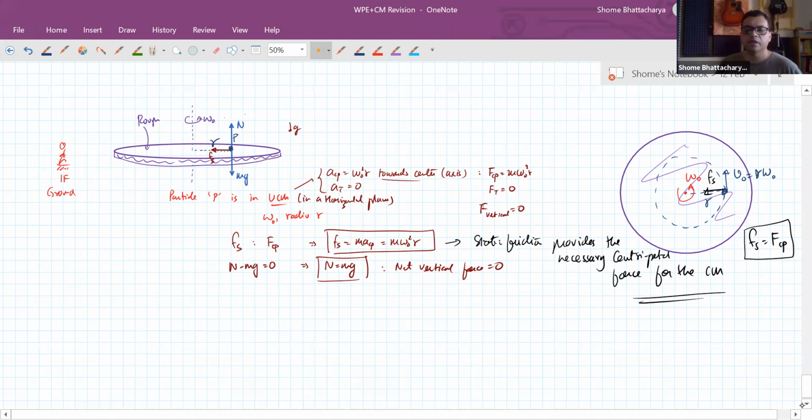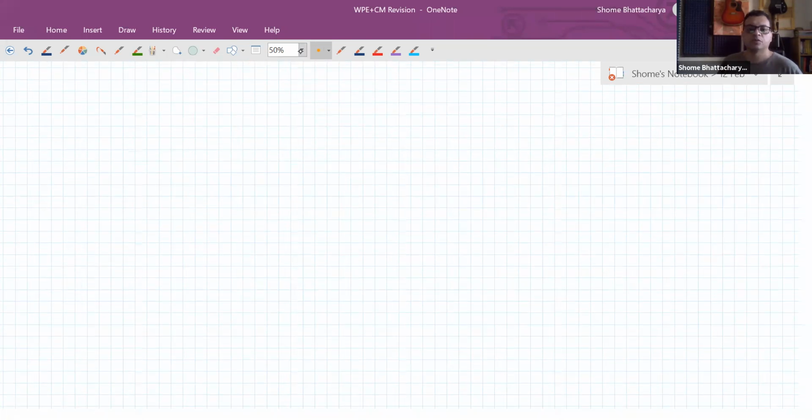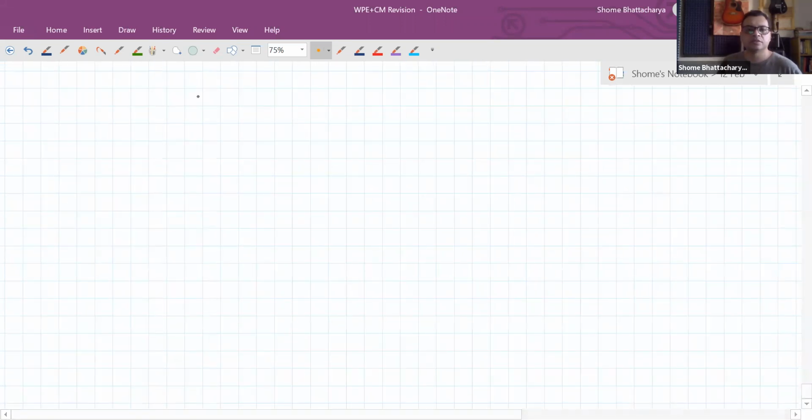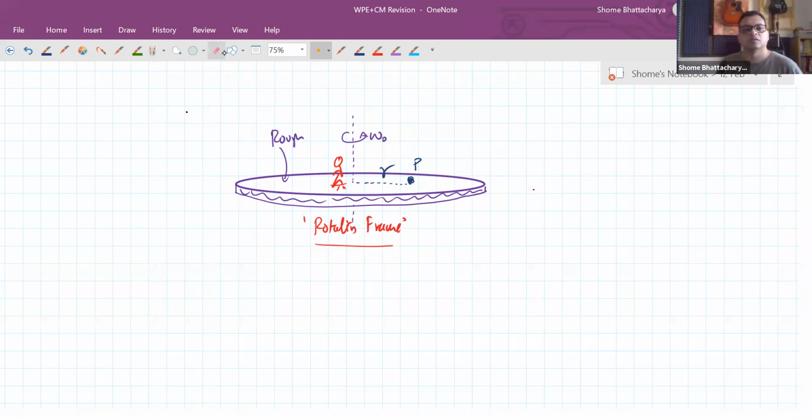Now the same thing, when we look at it from the reference frame of the observer who's on that rotating platform, the situation is a little different. So now let us say our observer is actually on this rotating platform. So this is a rotating frame. So in that frame, the particle which is present will experience a centrifugal force.